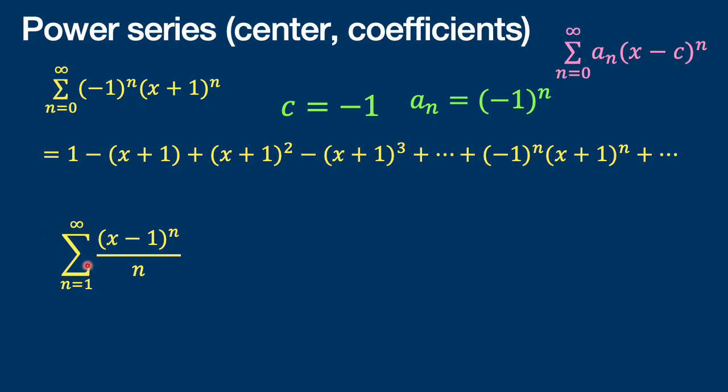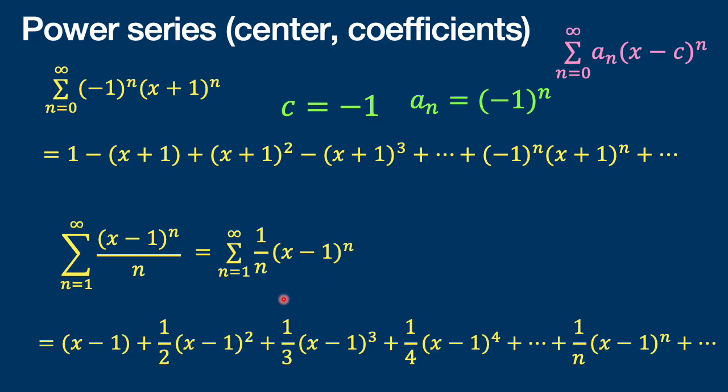Look at this power series. Rewrite this power series: 1 over n times (x minus 1)^n. So what is going to be the center?